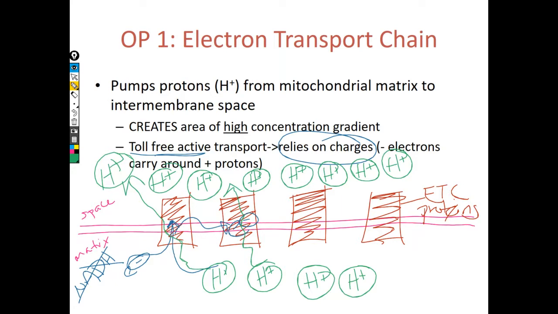Okay, so this is the importance of these coupons. At any time we have an electron and a proton together in one of our transport proteins, a negative and a positive is no charge.